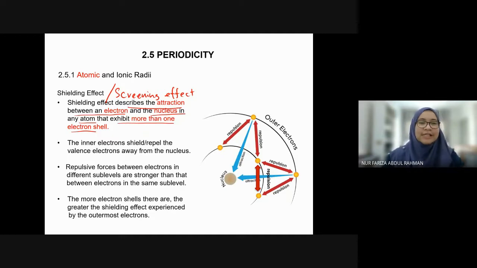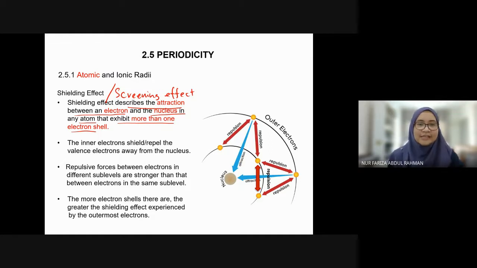So obviously in the periodic table, all of the elements have more than one electron except for hydrogen. Hydrogen has only one electron. So the rest all have more than one electron. Boleh kata semuanya ada screening effect. All the atoms in the periodic table have this screening effect.